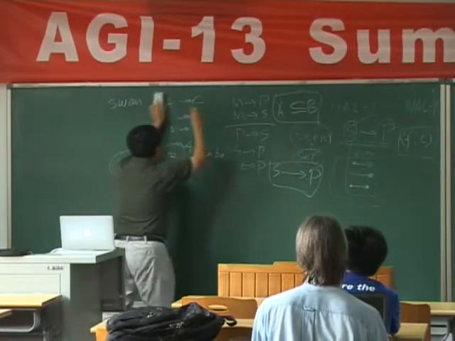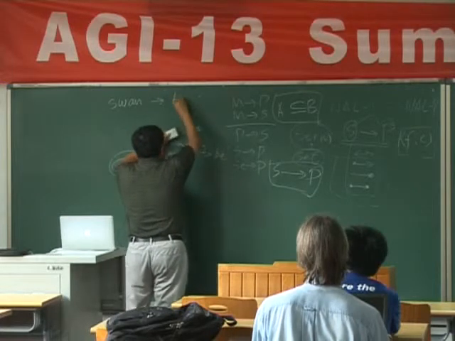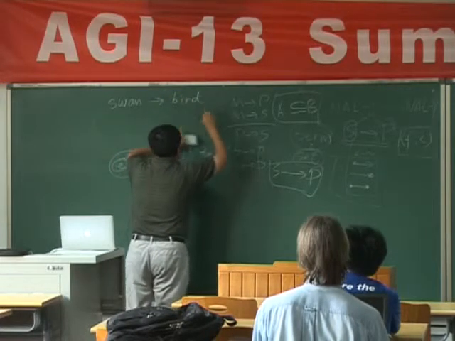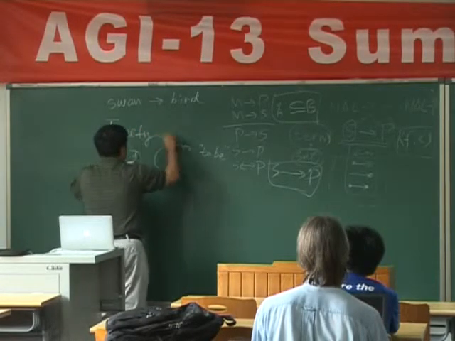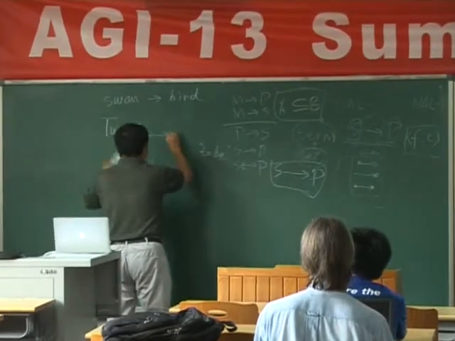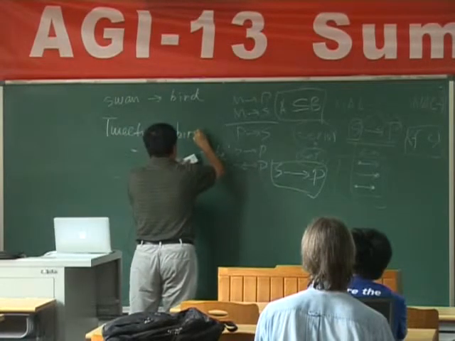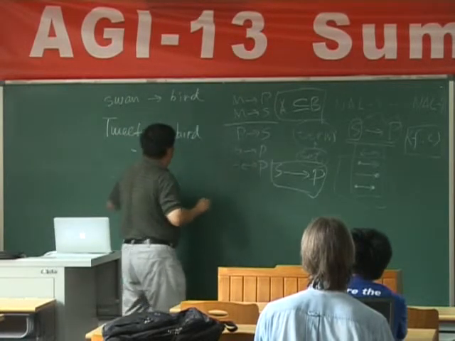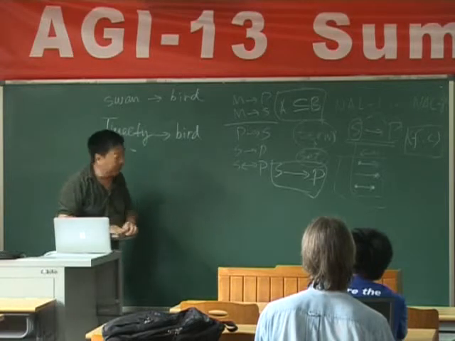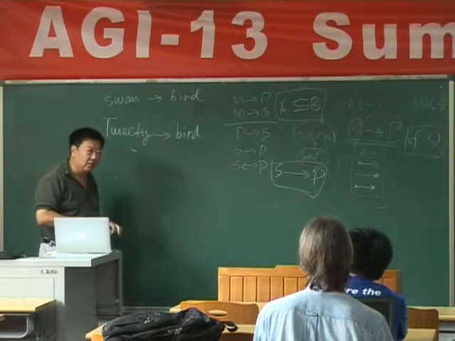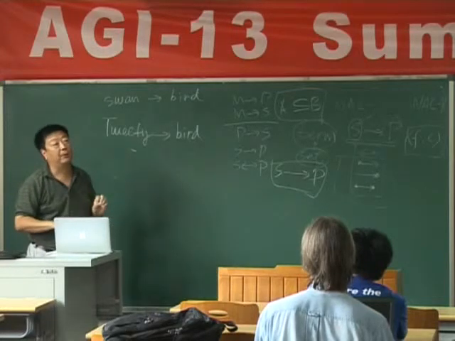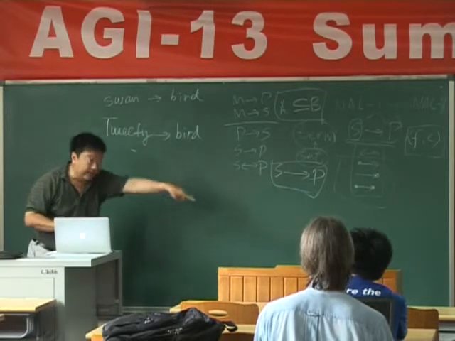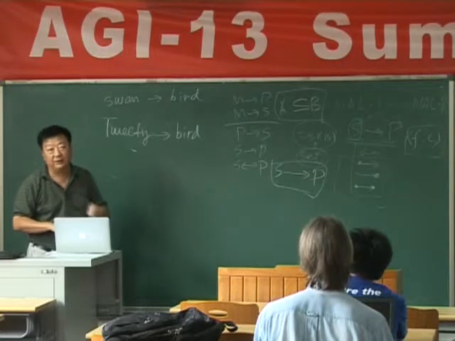Say we say swan is a type of bird, and we can say Tweety. Again, that's a typical name used in the AI literature for knowledge representation. But if you write that, it doesn't sound right, because here you're not talking about a type of bird anymore. You're talking about that bird, a concrete instance of bird.